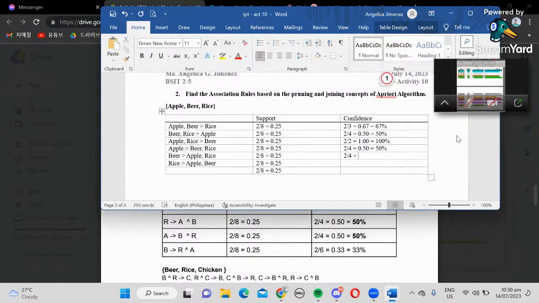So 0.5 equals to 1.5. Okay. Thank you, Jaren. So, Ben, ilan na ang ating association rules? 7 po lahat. Okay. We have 7.